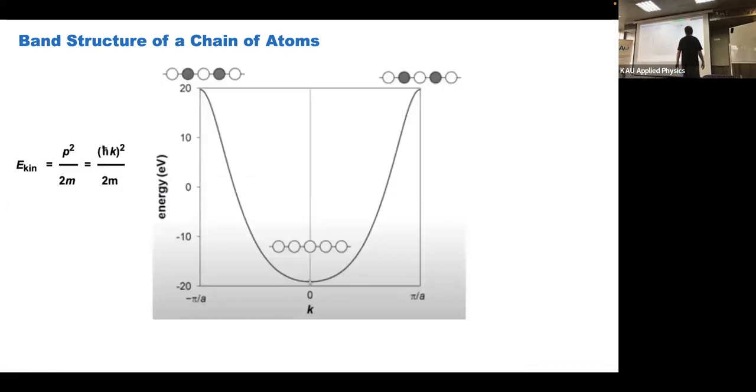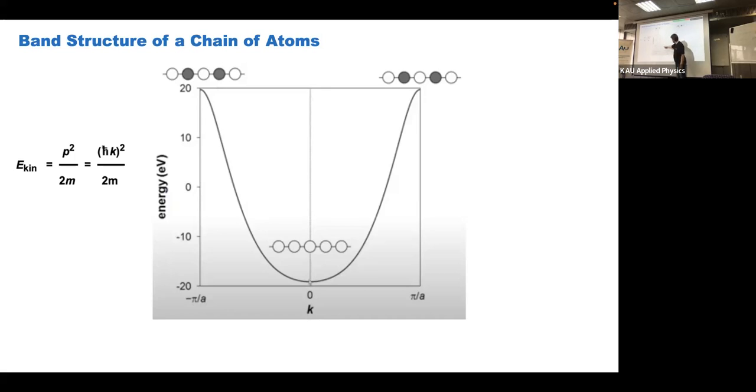And then we plot some dispersion. The most simple, the most common dispersion is just linear dispersion. It means that the momentum of our particle will be ħ multiplied by k. Then we can calculate the kinetic energy of this particle, and we get this parabola.